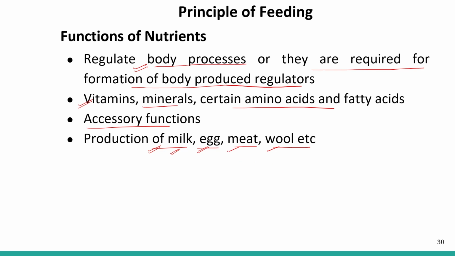If they are raised for meat production, then their food must contain the nutrients that make their body strong and full of flesh. Wool, that is sheep, so the sheep must be provided with the nutrients that produce an enormous amount of wool.